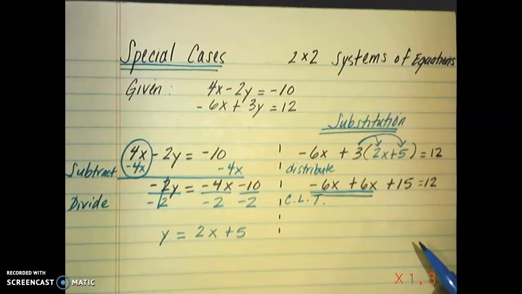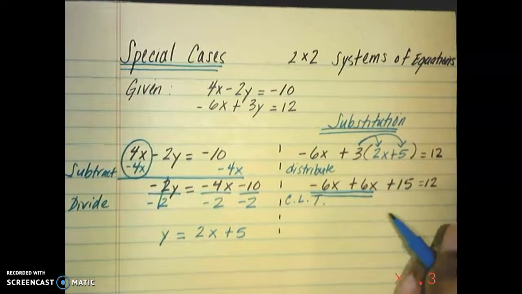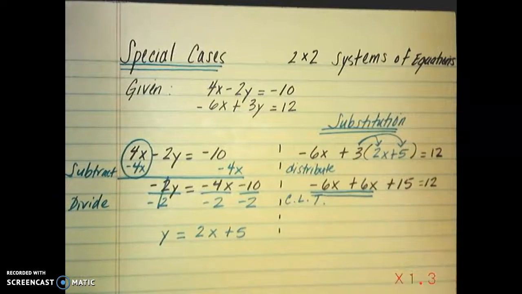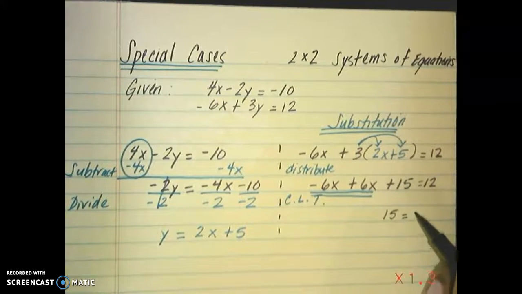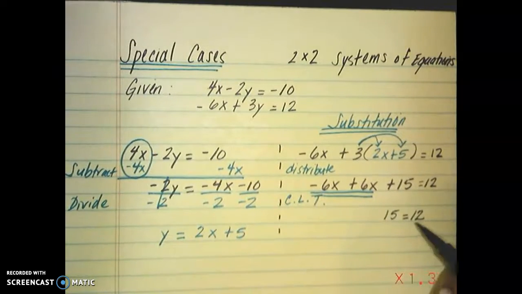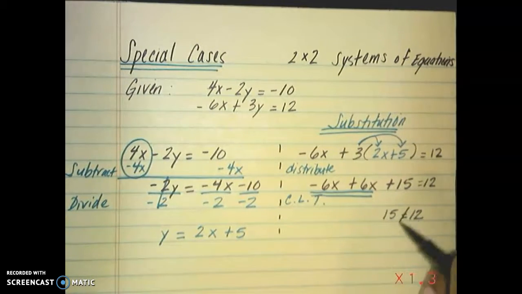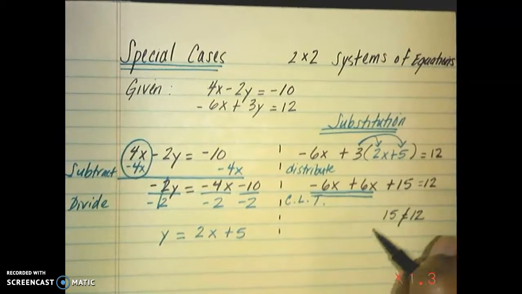Wait a minute. Negative 6x plus 6x, that becomes a 0. Something is not right, because it is not true that 15 equals 12. Uh-oh. 15 does not equal 12.